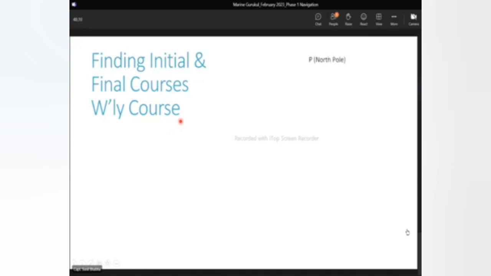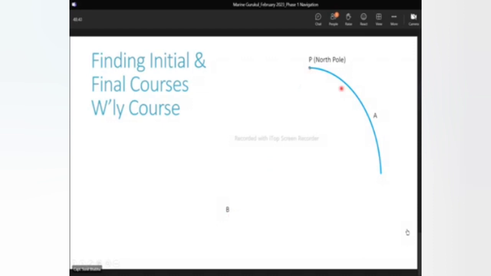Let's make a rough diagram first. You can see the pole here at point P. Our initial position is at A, and the final position is at B. So let's make the PAB triangle.